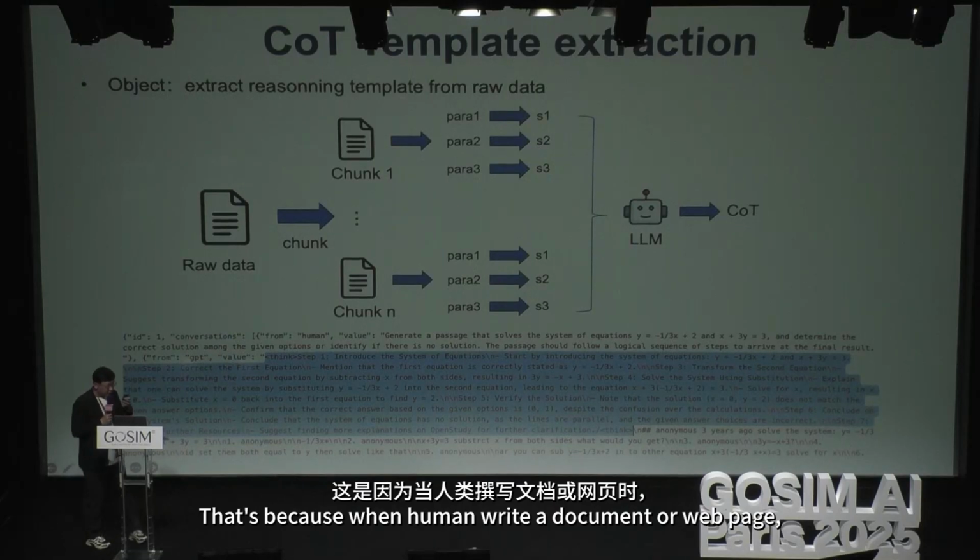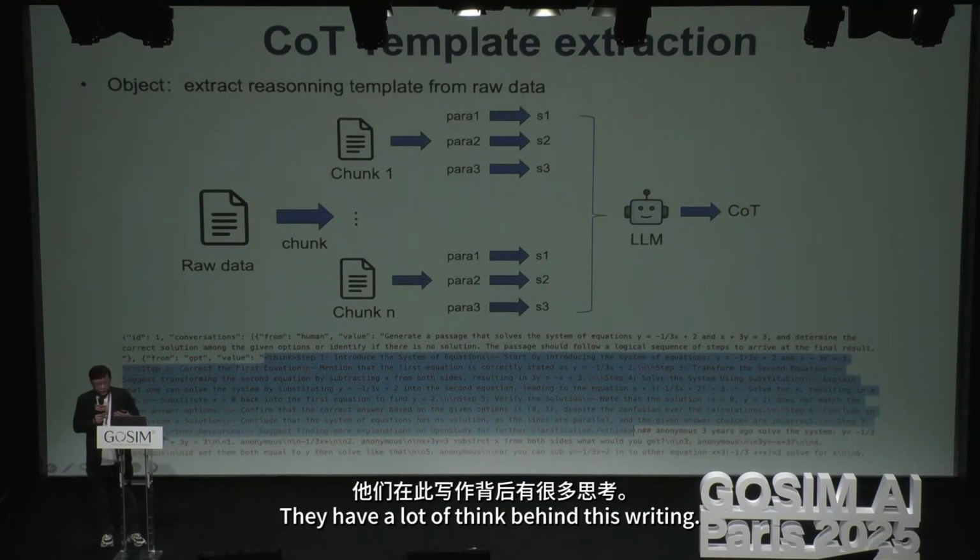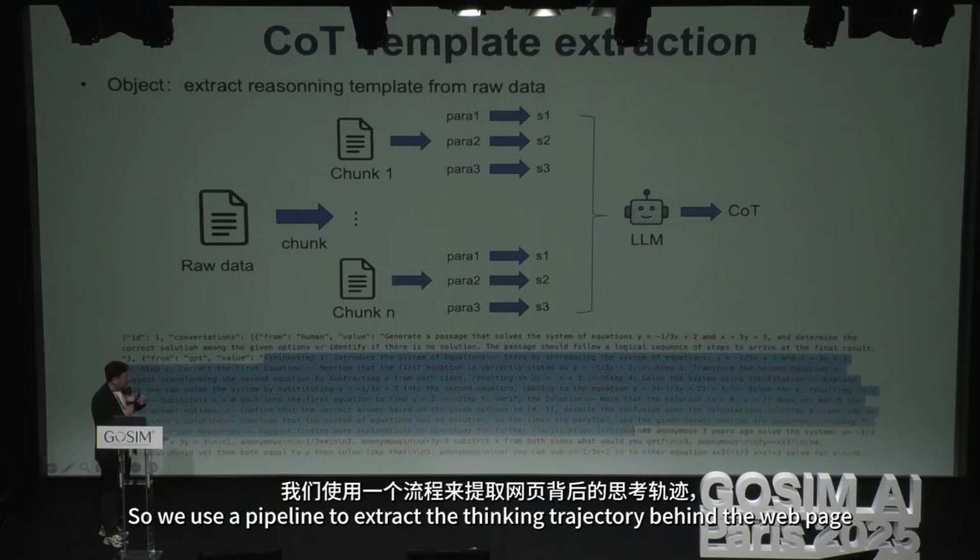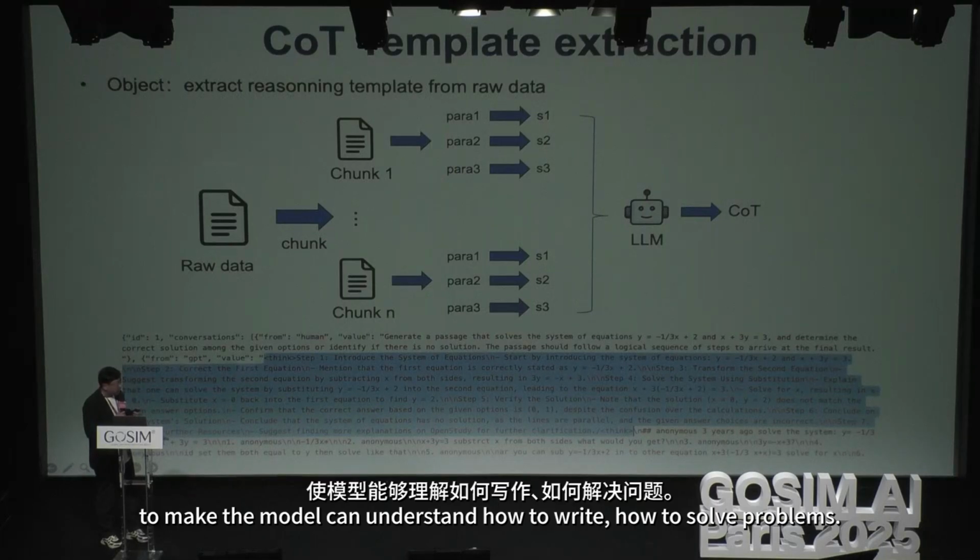That's because when humans write a document or web page, there is a lot of thinking behind the writing. So we use a pipeline to extract the thinking trajectory behind the web page so the model can understand how to write and how to solve problems.